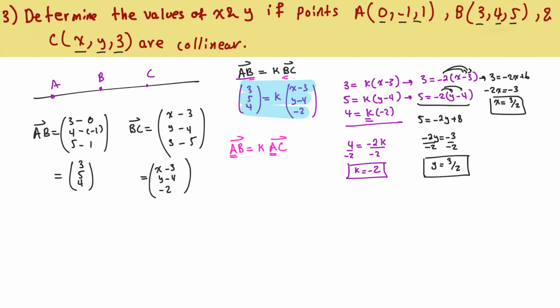And we could have also used vector BC equal to a multiple of vector AC or CA, it doesn't really matter. In this case, point C would have been shared. And in all of the situations, you would have gotten the same x and y values. However, your k values might have been different.